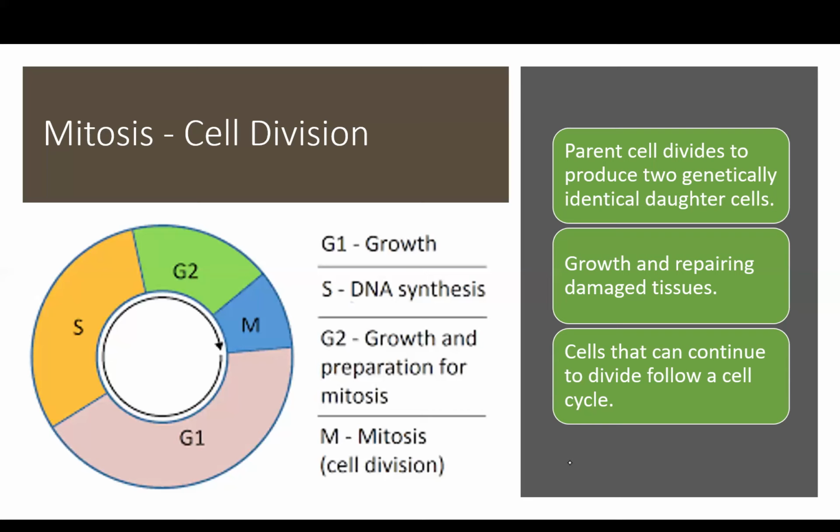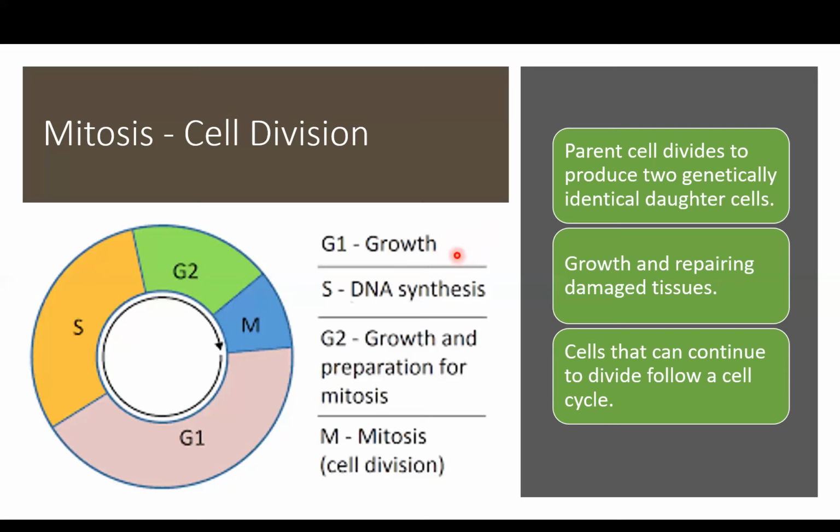And the cell cycle consists of a period of cell growth, and we call this section G1 or gap phase 1. So sometimes it's gap phase 1 or just G1. So this is G1 here, and this is the growth stage. So in this G1 stage, cells are going to grow and new organelles and proteins are made.